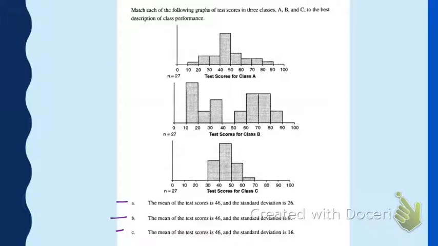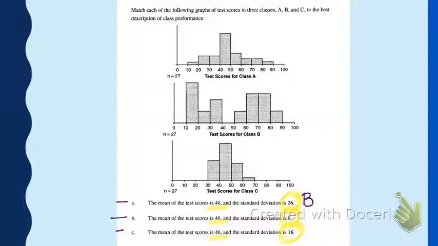So the first one, if you can read it, says the mean is 46 for all of them. So they all have the same mean, but one has a standard deviation of 26, one has a standard deviation of 8, and one has a standard deviation of 16. Which graph, A, B, or C, would you say has the largest standard deviation?